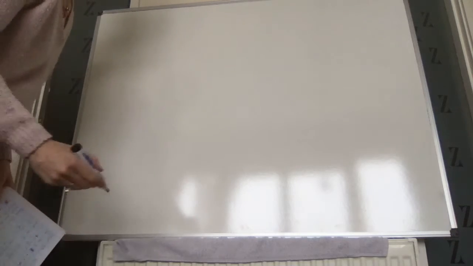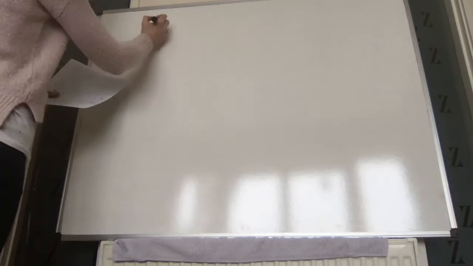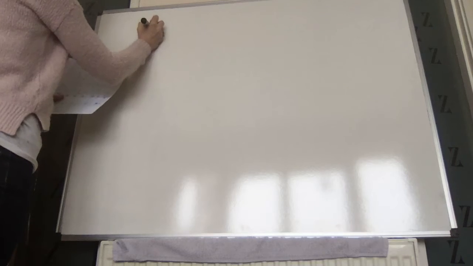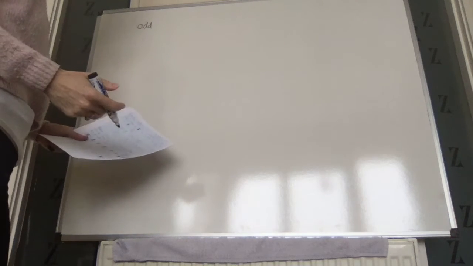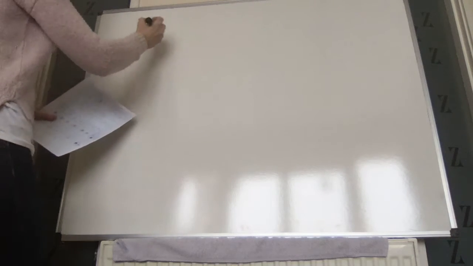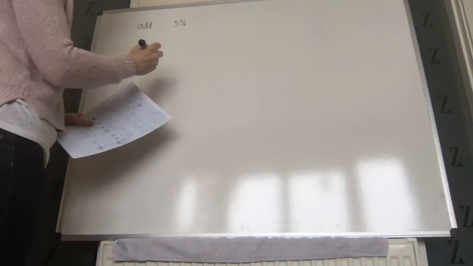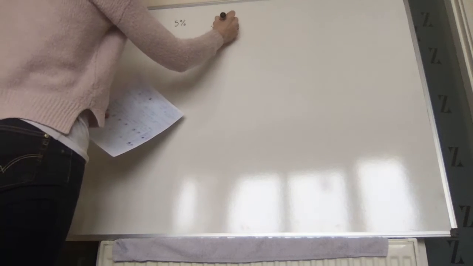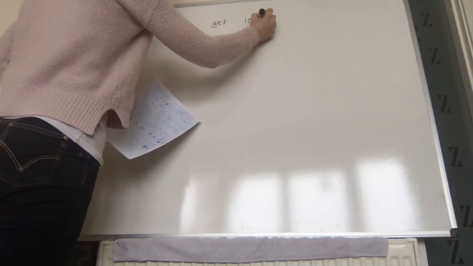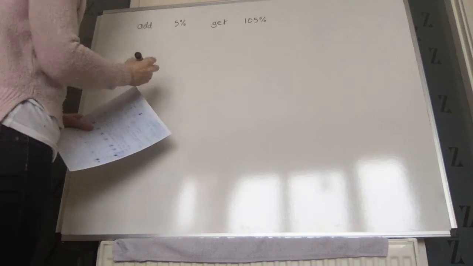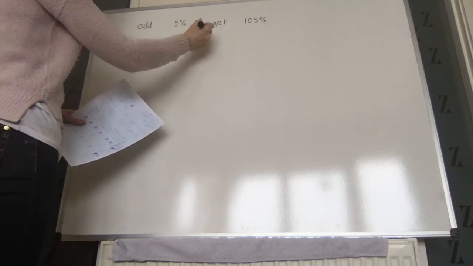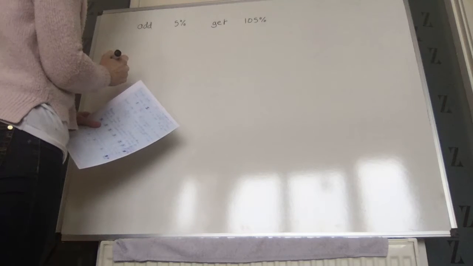So to start with the basics, if you want to add a certain percentage onto a number, so if you want to add 5% onto a number, that means that you want to get 105%. Okay, so to add 5% on, we need to find 105% of the number.